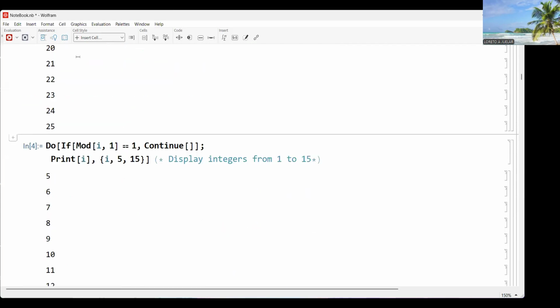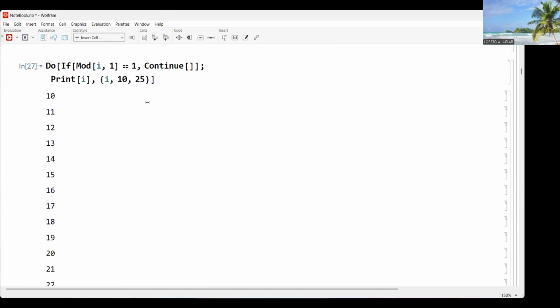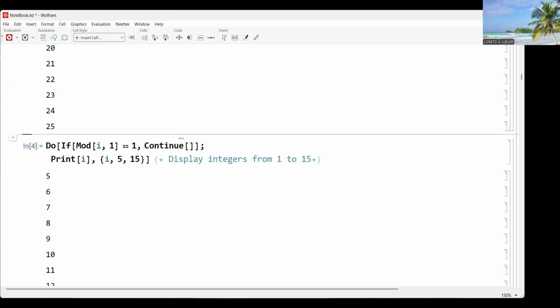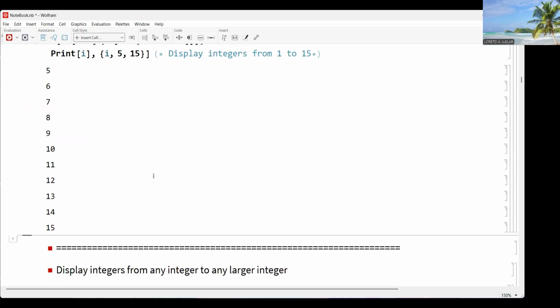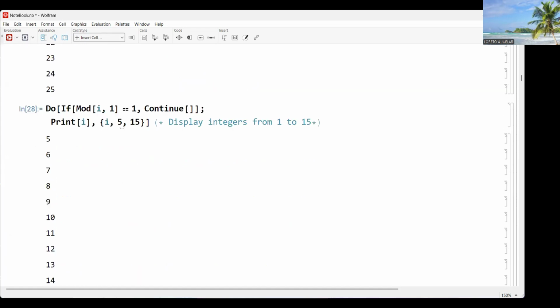Now here, it is this one. So it is similar to this. So this one is also simply integers from 5 to 15.